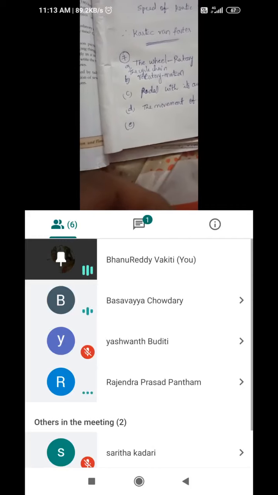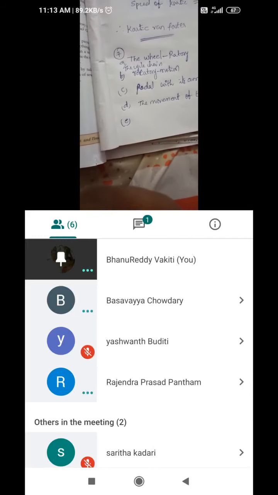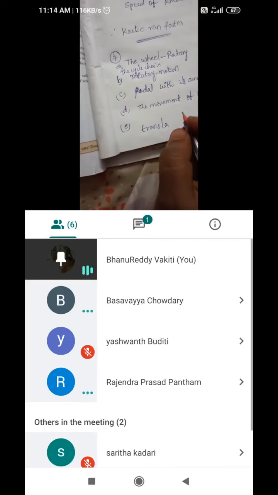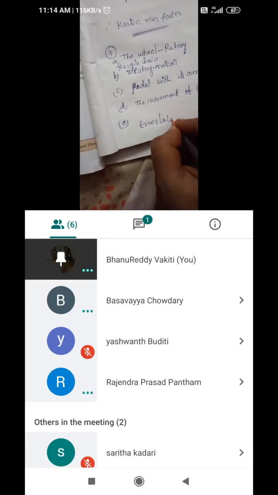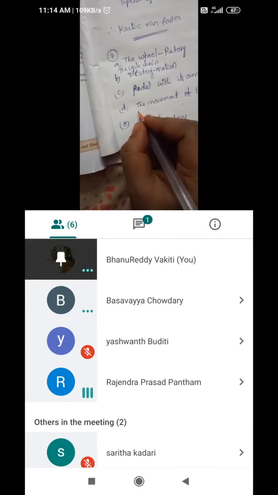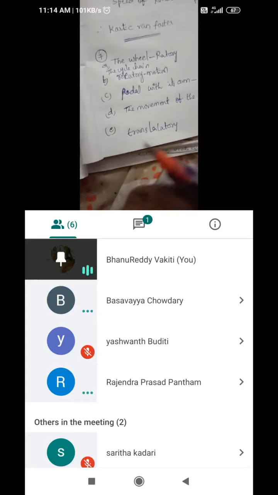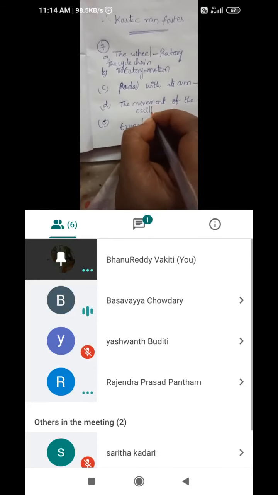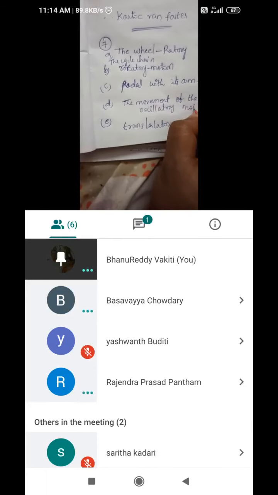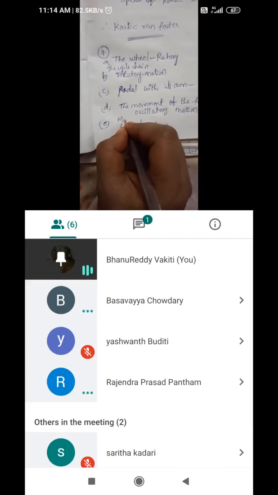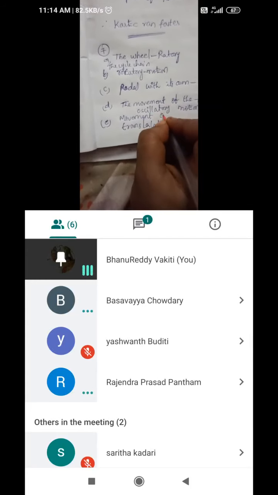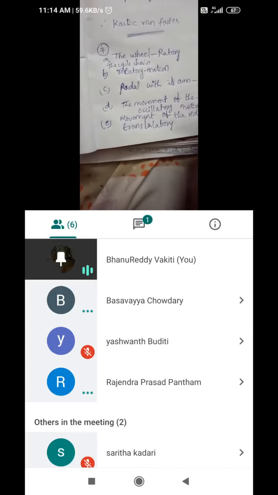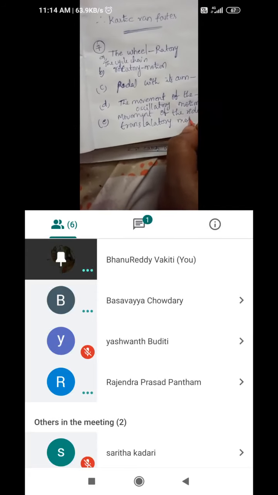The movement of the rider along with the bicycle, that is translatory motion. Option D is translatory motion. Then afterwards we will discuss. And what about this feet pedaling? Oscillatory only. Oscillatory motion. And the movement of the rider is under translatory motion.